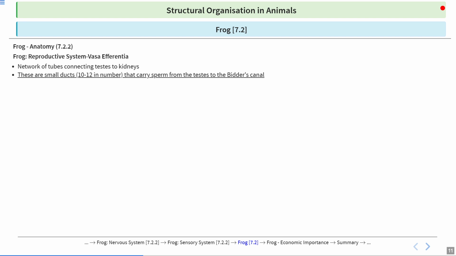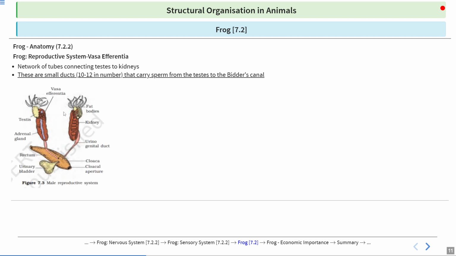So sperms are produced inside the testes, but they are eliminated from the testes, come to this duct, and are taken to the Bidder's canal, right?